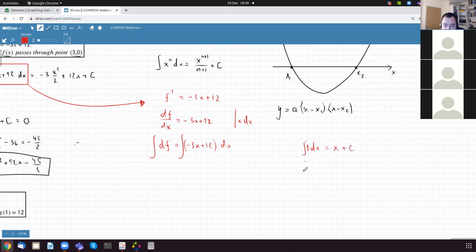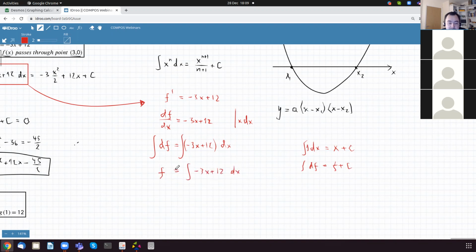In a similar way, the integral of df is going to be f plus c. We are omitting the c because we will have the c on the right, so we don't need two c's on the left and on the right. So that is why f is in fact equal to the integral of minus 3x plus 12 dx.